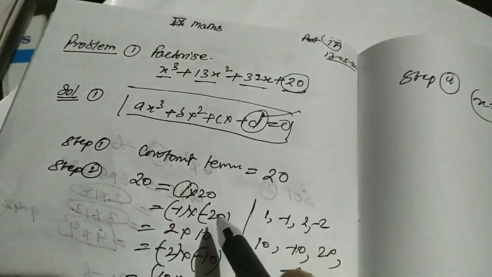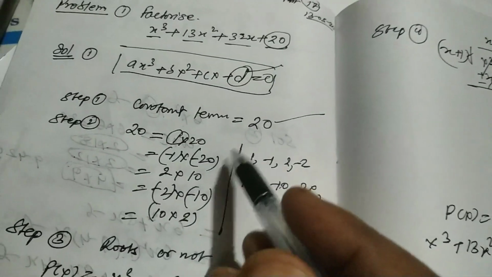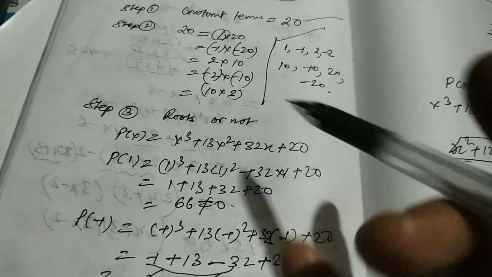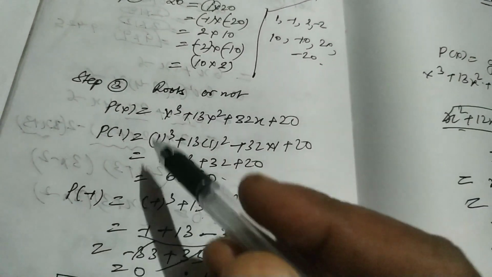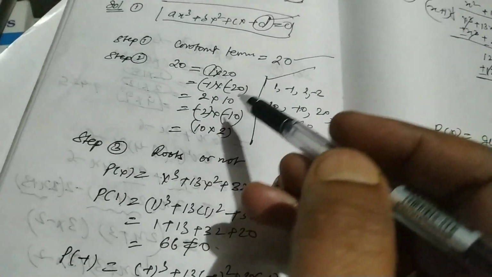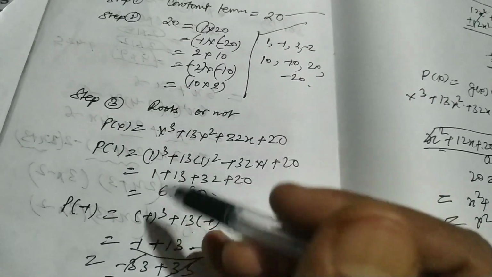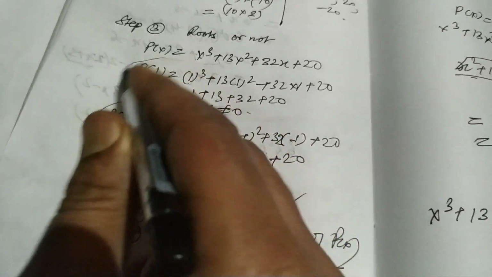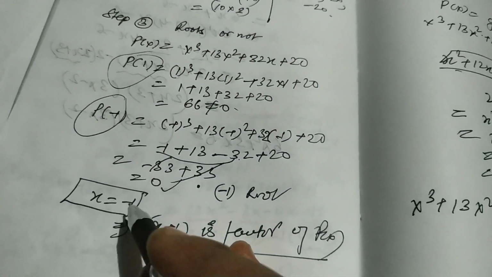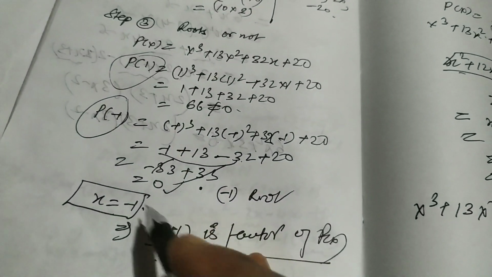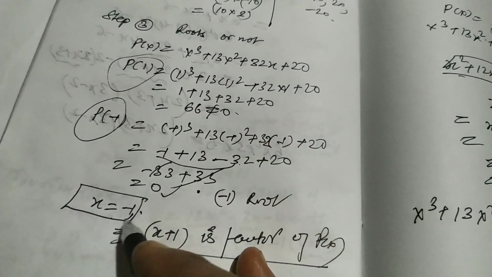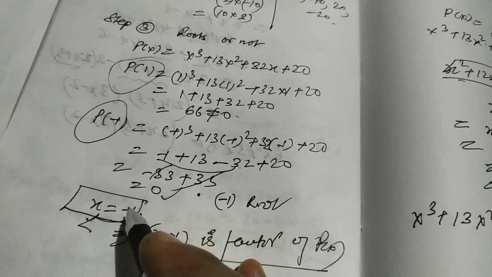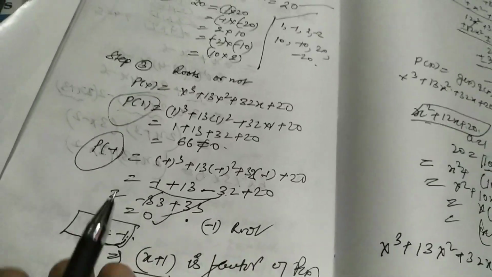Let me recapitulate. First write down the constant term and all the possible factors of the constant term, plus and minus, and try by trial and error. Check whether these are roots or not. If the remainder is 0, then that value is a root, for example x is equal to minus 1, and x plus 1 is a factor.